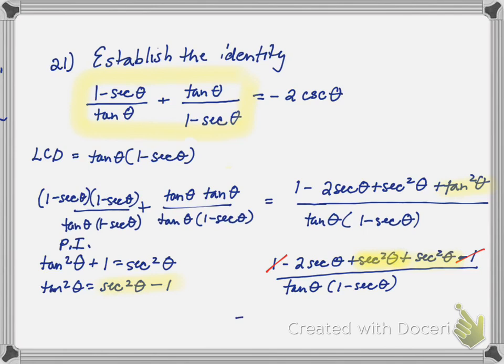When I do that, I get negative 2 secant theta plus 2 secant squared theta all over tangent theta times 1 minus secant theta. I'm going to factor out the greatest common factor out of the numerator and see what happens.